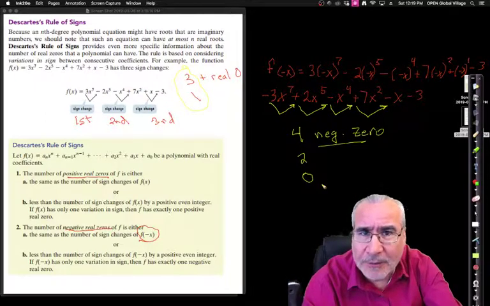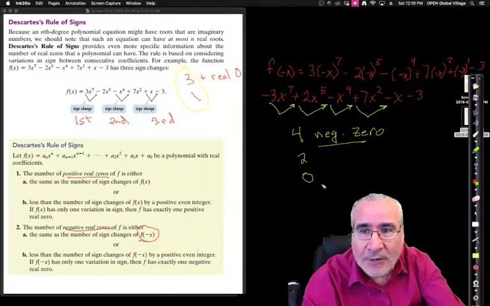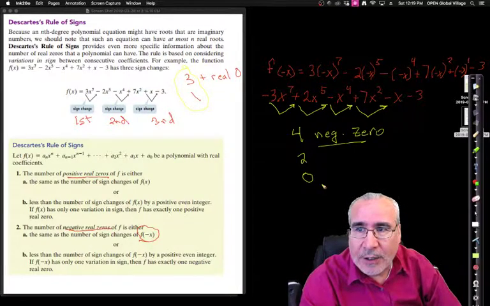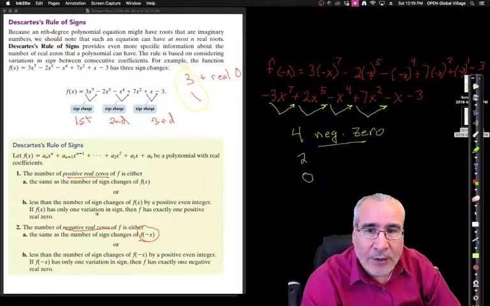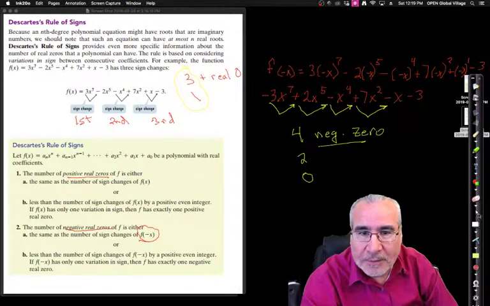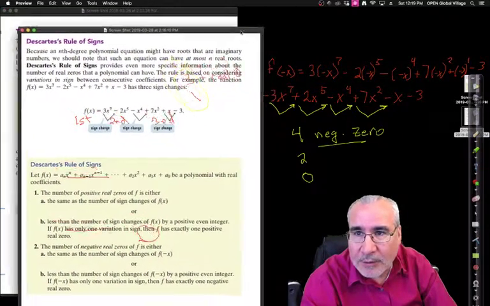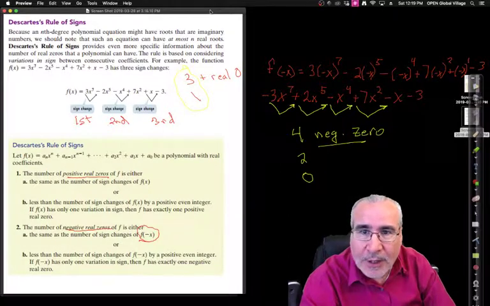Don't think about it too long. We could have no negative zeros. Then we would use the Descartes, we would use the rational, what would we use? We'd use this other theorem to actually figure out what they are. Rational zero theorem.